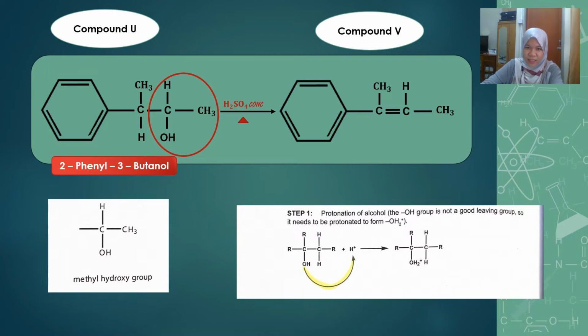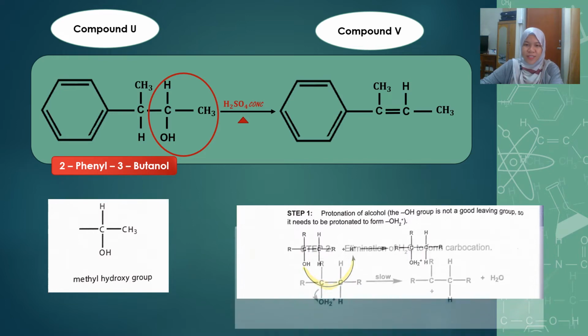As we can see in the picture below, we have the OH from the alcohol group, and we react it with the H+ which comes from the H2SO4 in the reagent. The OH will attack the H+ to form OH2+, which is still bonded with the alkyl group. So this is step 1.